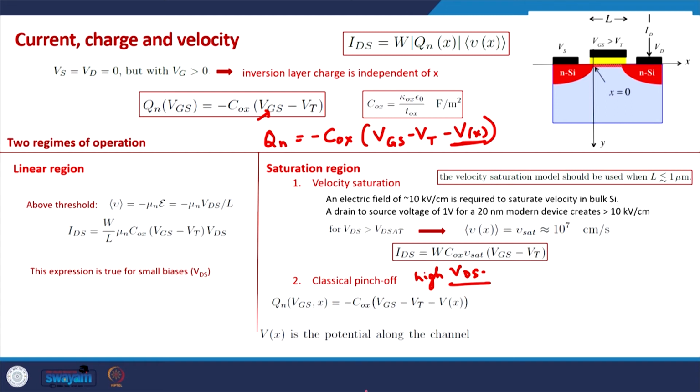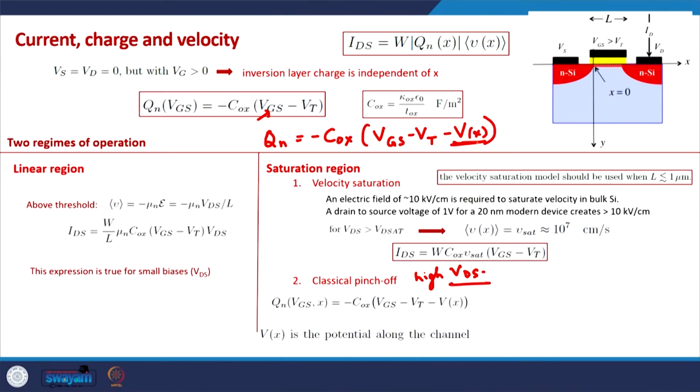And this will change across the channel. On the source side this will be 0, on the drain side this will be VDD, and in between it will be an arbitrary value Vx.